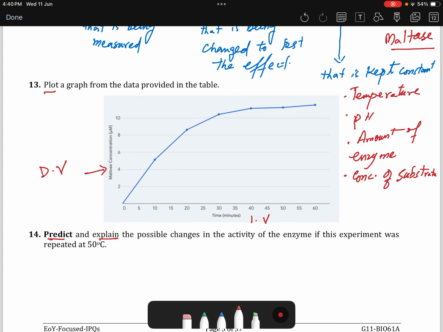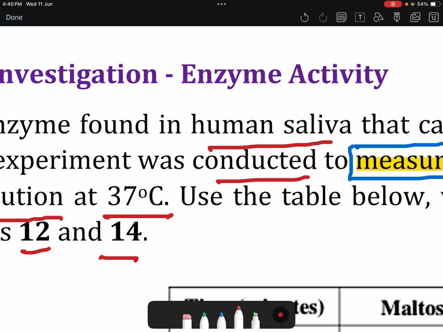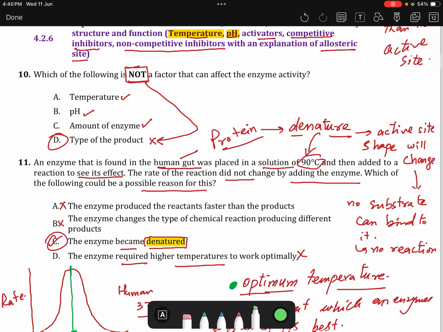Predict and explain the possible changes in the activity of the enzyme if this experiment was repeated at 50 degrees. This experiment is being conducted at 37 degrees, please make a note. And we already did one question where they asked what will happen if it is done at 90 degrees. The enzyme becomes denatured, right?